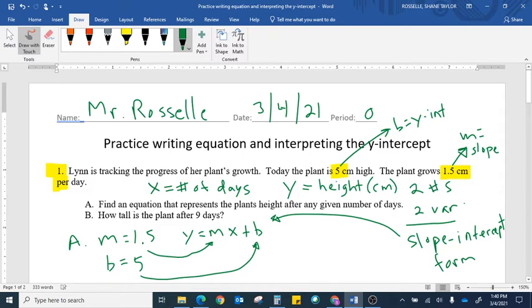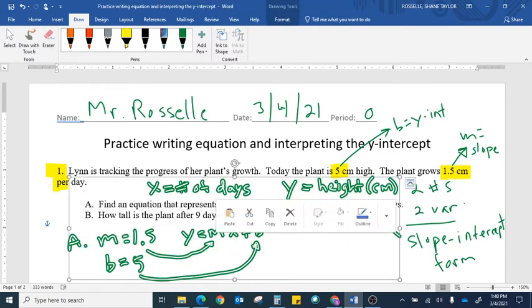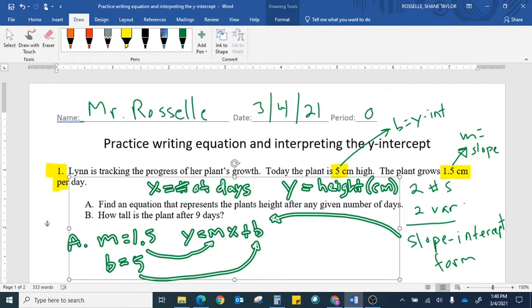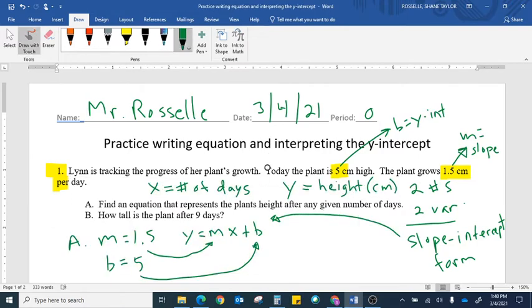So I'm going to go ahead and erase this. I'm going to put in 1.5 right here, and I'm going to put in 5 right here.